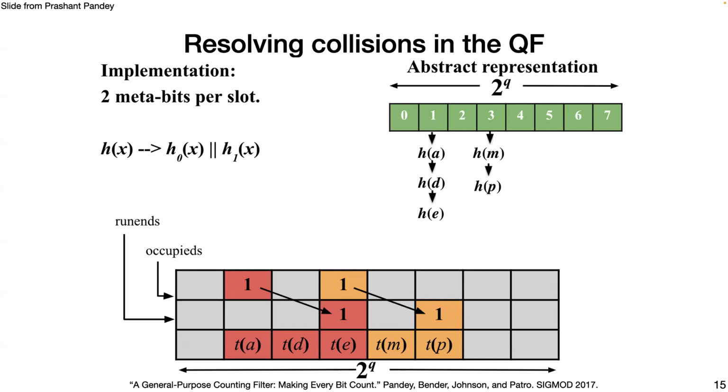And same for here, but also now occupied is here, and M was supposed to go in here. But because the run end bit is not set, you know that the start of this run is actually here, because the end of the previous run was there, and the end of this run is here, where the metadata bit is set. Yeah, and I guess this is how you would represent it with chaining.